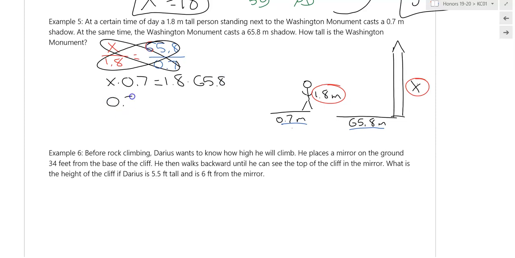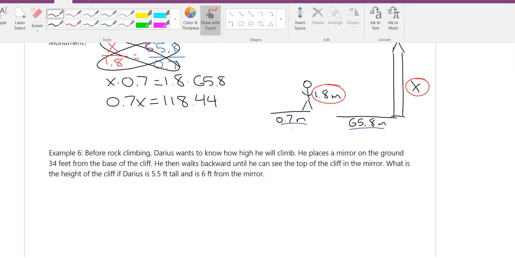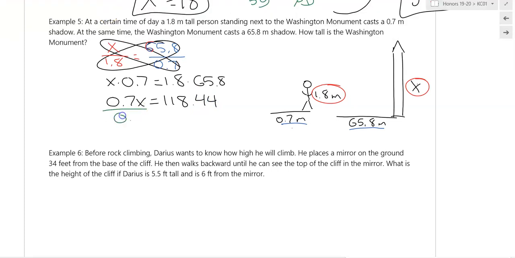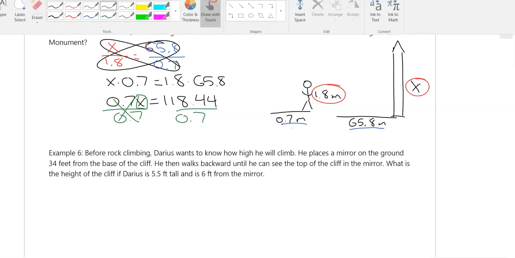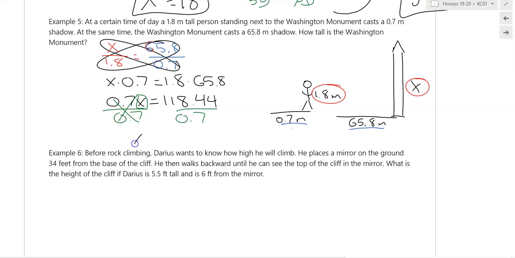We get 0.7x equals 1.8 times 65.8 is 118.44. Then we're going to divide by 0.7, so that's where our x is. Those cancel. And that rounds to 169.2 meters.